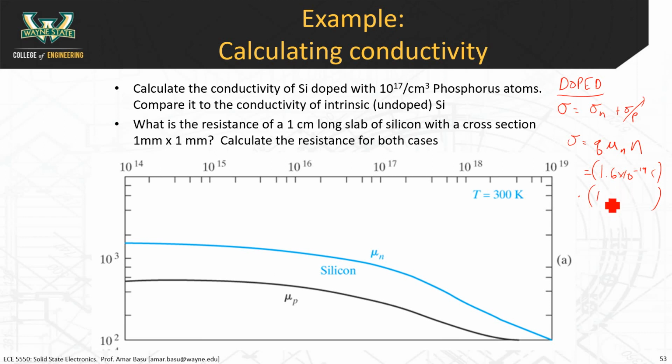So 1,000 centimeters squared per volt second. And then the electron concentration. What is the electron concentration? 10 to the 17th, right. 10 to the 17th per centimeter cubed. Remember, 1 electron per phosphorus atom that's put into the lattice.